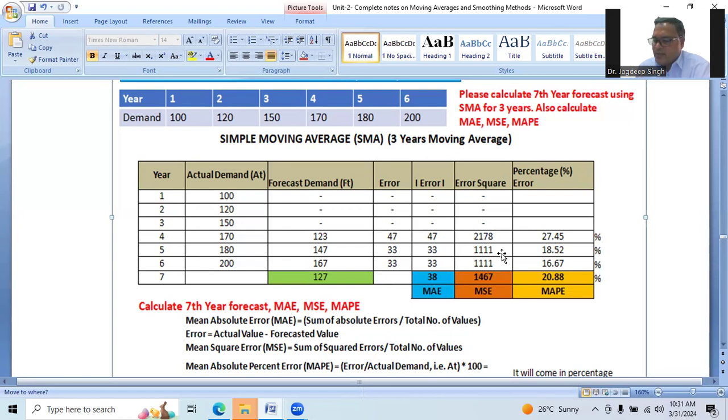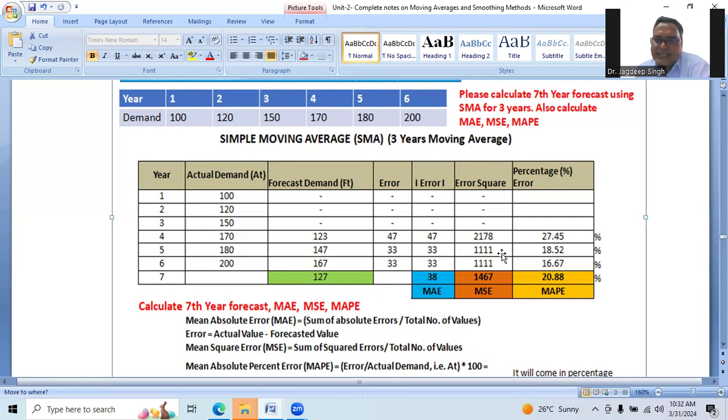Calculated, 2178 plus 1111 plus 1111 is 4400. So 4400 divided by 3 gives us 1466.66. I have rounded it off to 1467, but if you want to take 1466.66, it's okay, right?